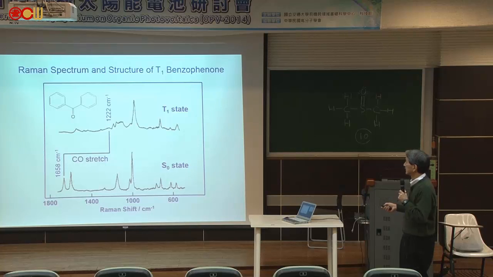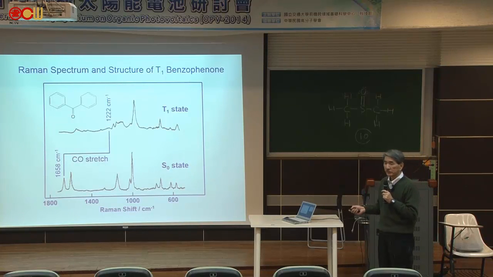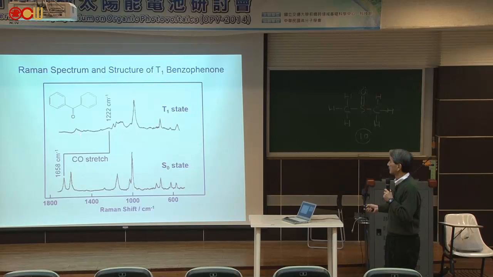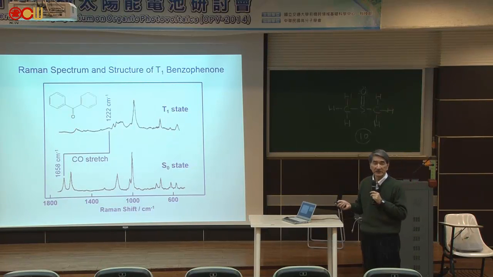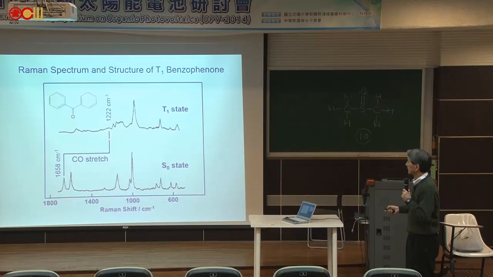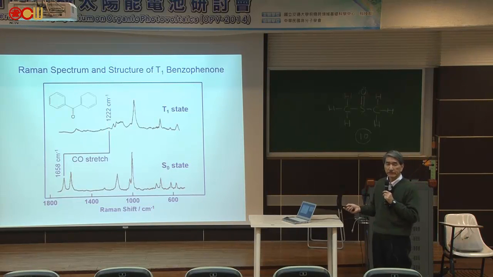And by isotopic substitution, we found that these features did not change with the carbon-13 substitution. If you have the CO stretch band around here, it should be affected by carbon-13 substitution. Okay? But this band, very weak, but here, this shifted by carbon-13 substitution.